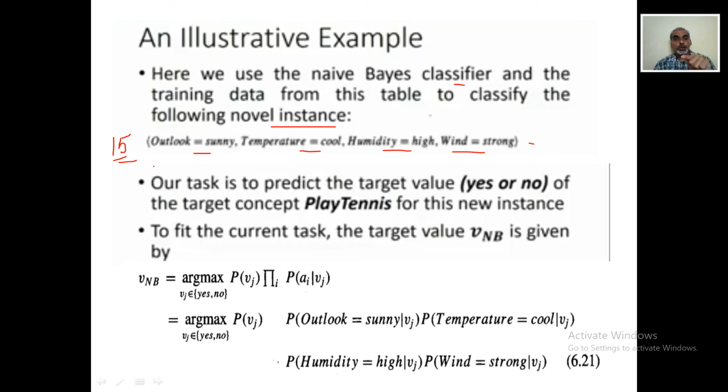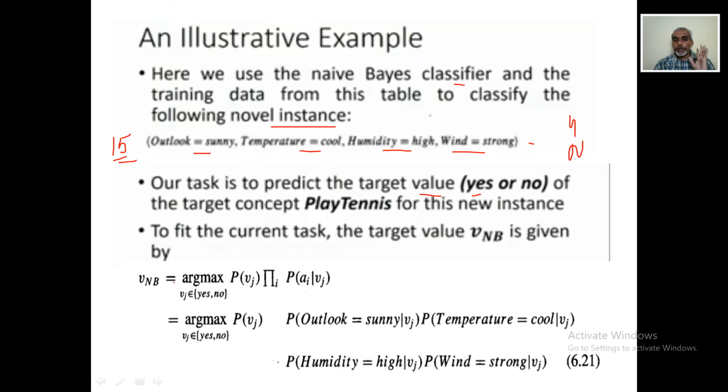You are supposed to classify this new example: whether he can play tennis or not. Our task is to predict the target value, yes or no, for the target concept, that is play tennis, for this new instance.